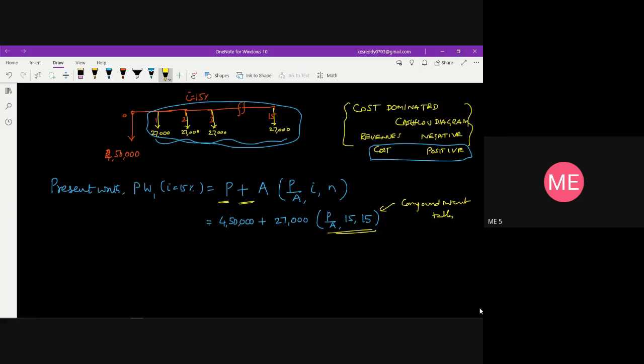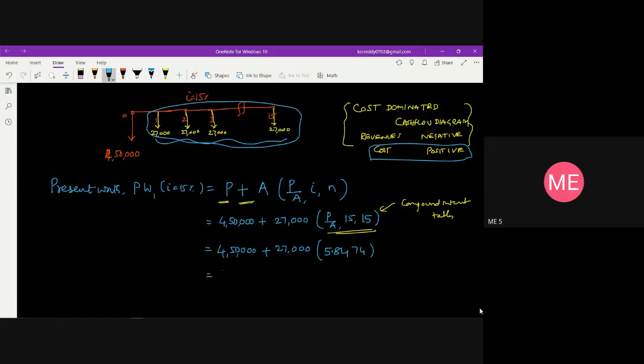Now, looking at this substitution, from the compound interest table for P by A, comma 15, comma 15, I'll be getting around 5.8474.